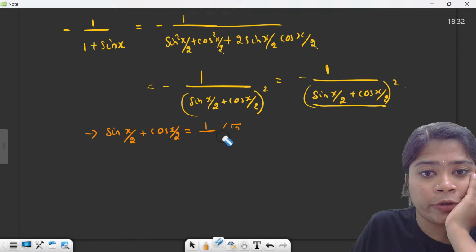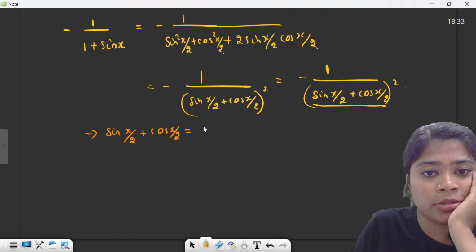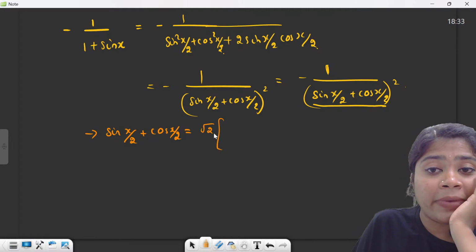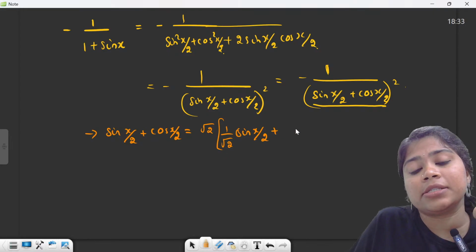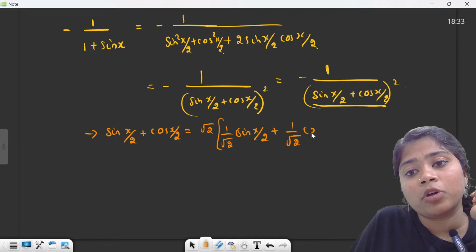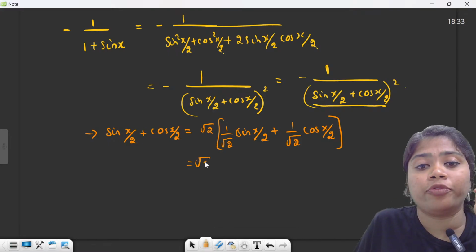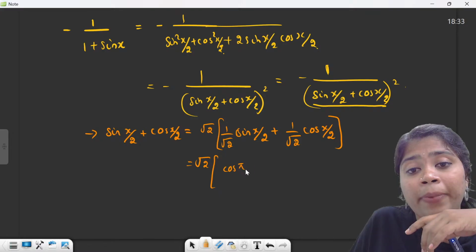So I am going to multiply root 2 in the numerator and the denominator. So root 2 into 1 by root 2 sin x by 2 plus 1 by root 2 cos x by 2. So now I am going to make use of this. So 1 by root 2 is cos pi by 4, no?